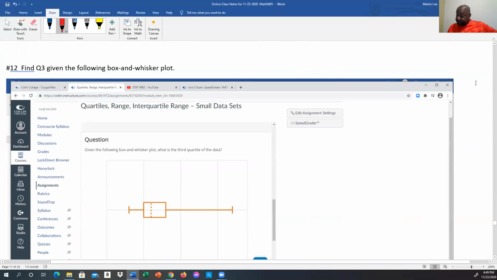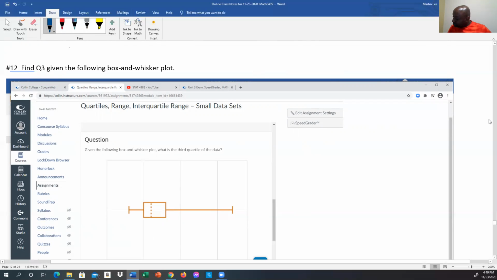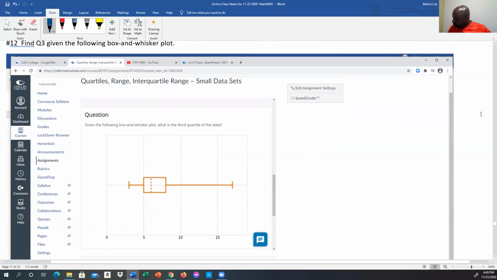Okay, this problem is asking us to find Q3 given the following box and whisker plot. Well, if we look at this box and whisker plot, let's identify what we know.